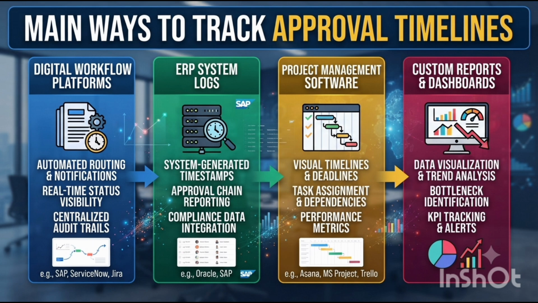Third, project management tools such as Asana, Microsoft Project, or Trello offer visual timelines. Finally, custom reports and advanced dashboards provide powerful data visualization capabilities, helping management spot trend anomalies, identify processing bottlenecks, and track key performance indicators through automated alerts.